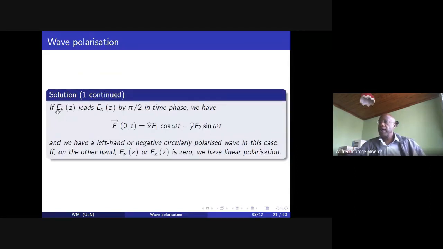And if EY leads EX by pi in time phase, that is the value we'll have for the phasor, and we have a left hand or negative circularly polarized wave in this particular case. If EY or EX is 0, then we have linear polarization.